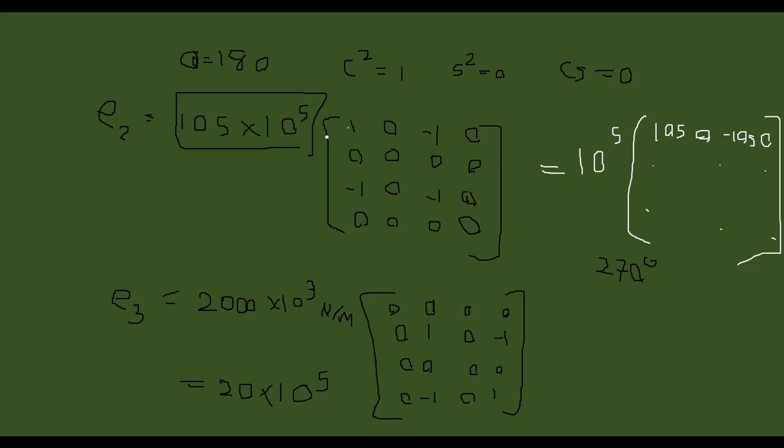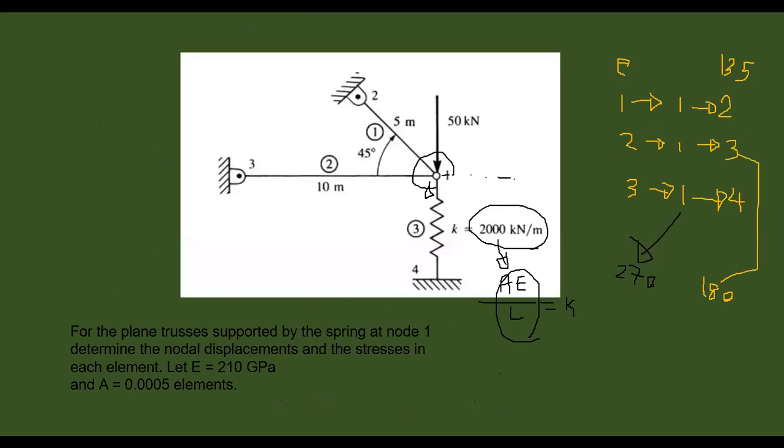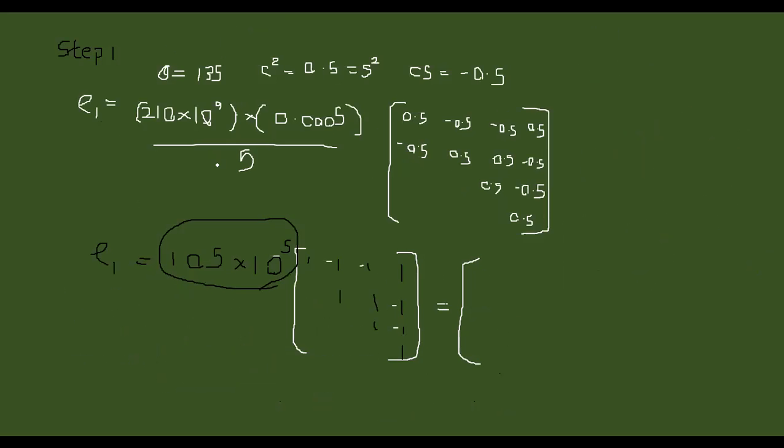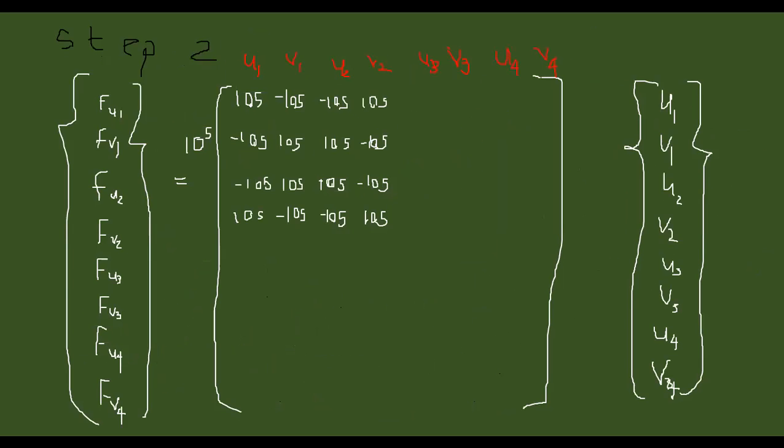So this element is defined from 1 to 3. That means u1 v1 to u3 v3, right?